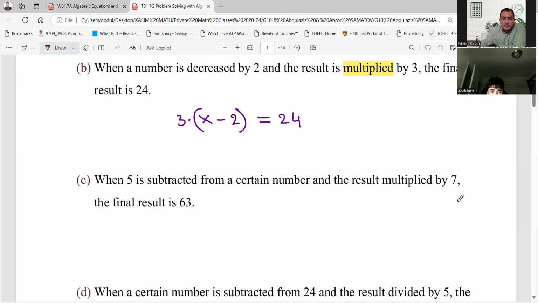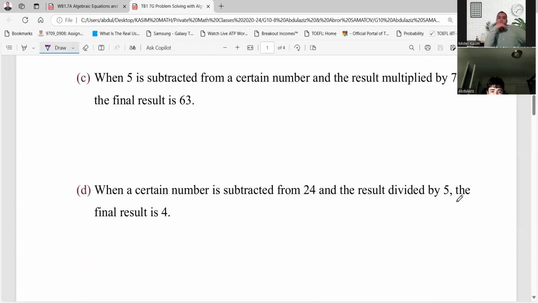C: when 5 is subtracted from a certain number and the result multiplied by 7, the final result is 63. A certain number, that's x.